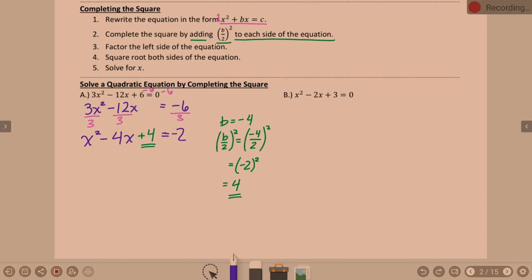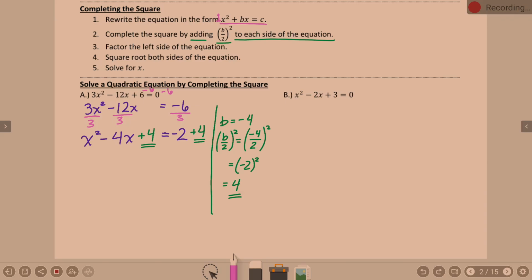There's an equals negative 2 there, right? And then we are adding 4. So that's step 2 right there. I figured out what b over 2 quantity squared is, and I'm going to add it on both sides of the equation. Are we okay with that? That is the important step in all of this.